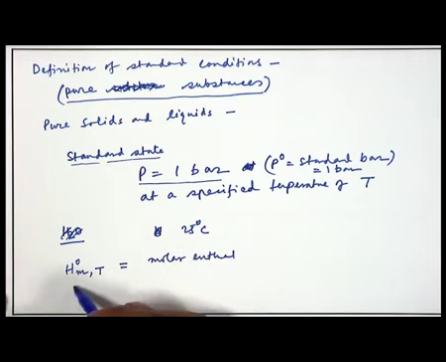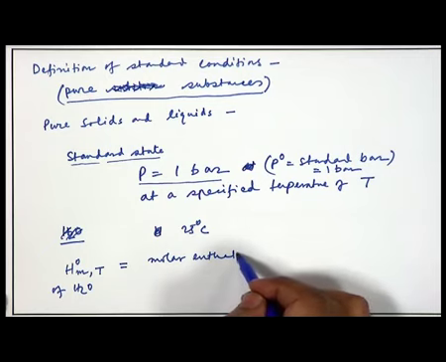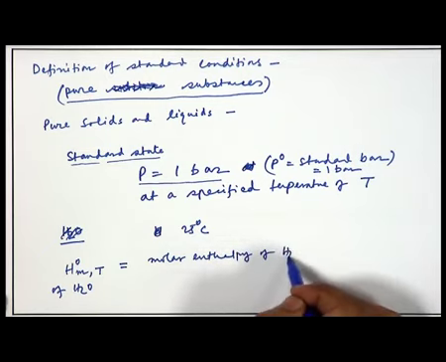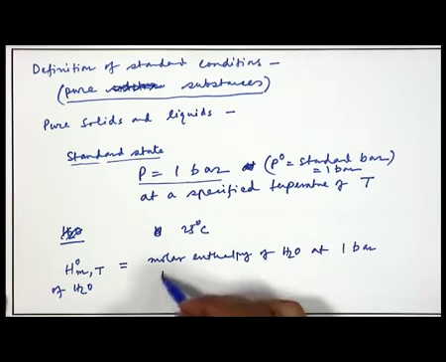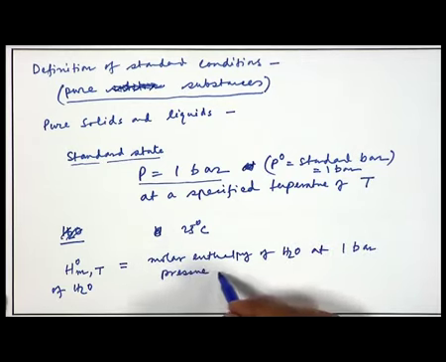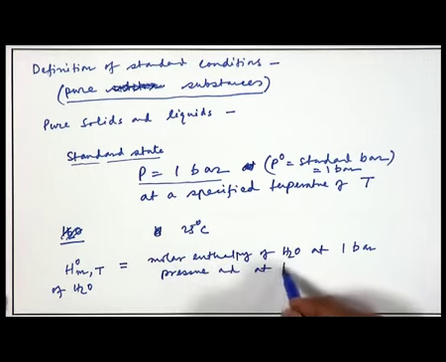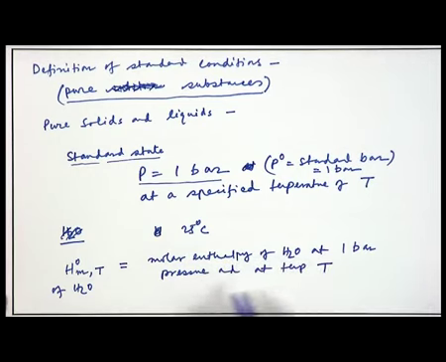Say if you talk about water, then molar enthalpy of water at 1 bar pressure and at temperature T. If you talk about 100 degree centigrade, then it will be 100 degree centigrade. If you talk about 25 degree centigrade, it will be 25 degree centigrade.